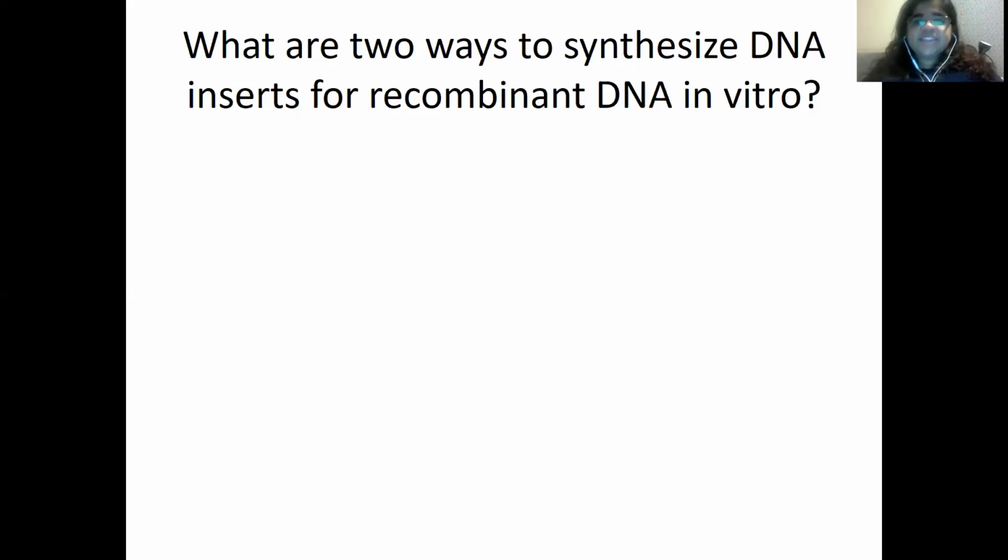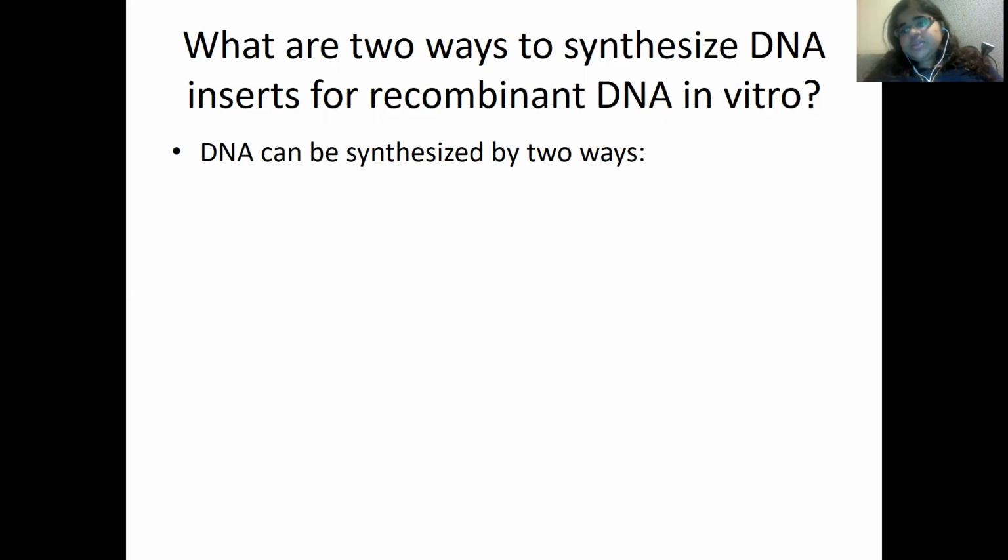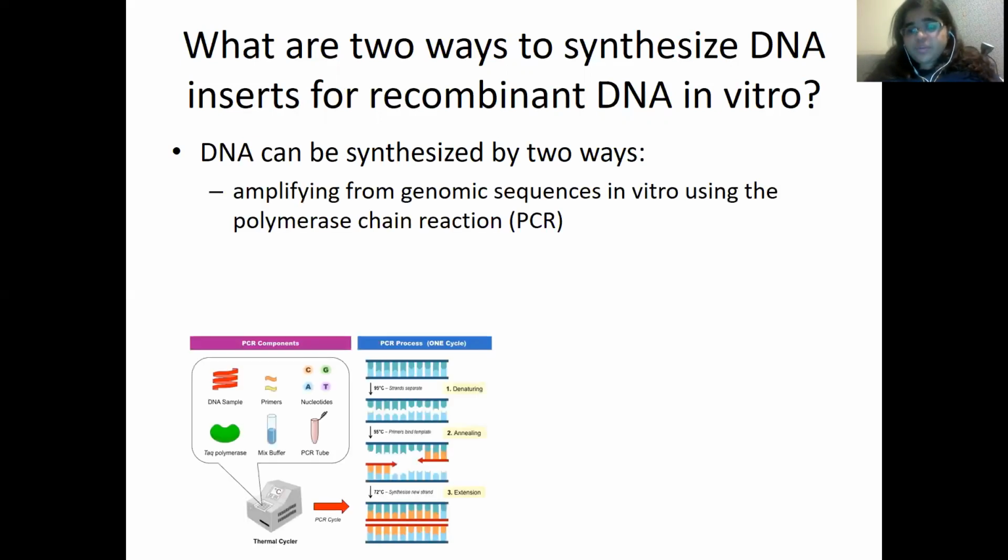Okay, so let's continue. What are 2 ways to synthesize DNA inserts for recombinant DNA in vitro? The first way is using PCR to amplify certain genomic sequences in vitro.